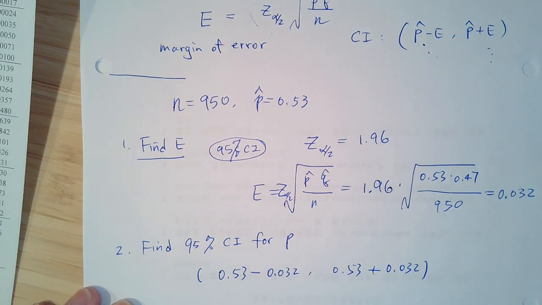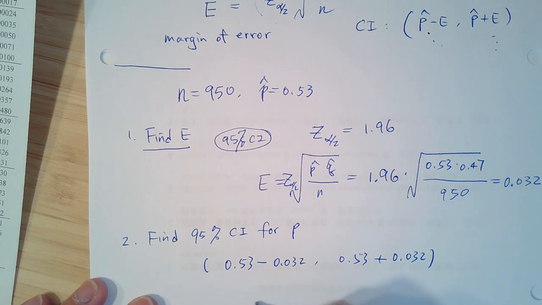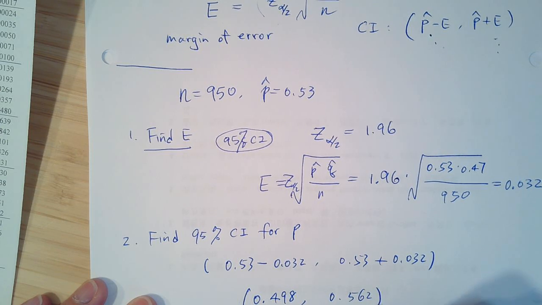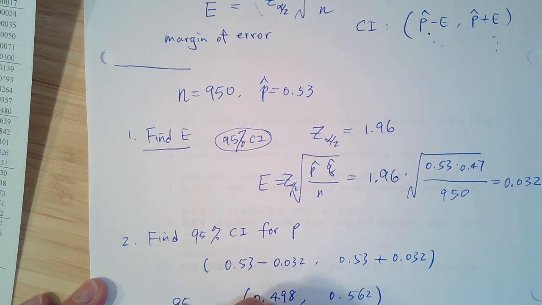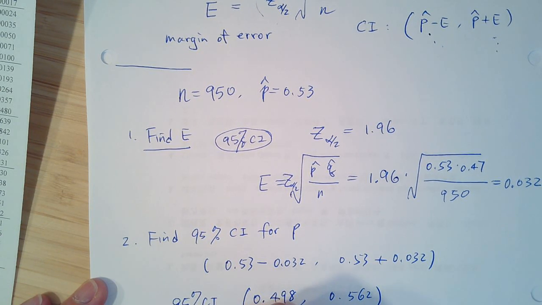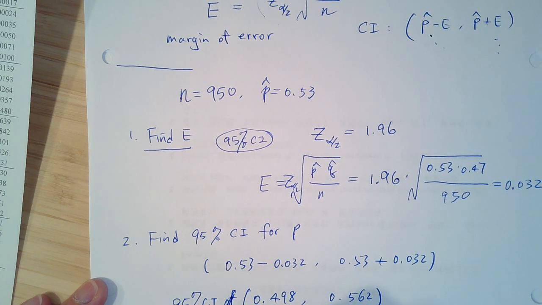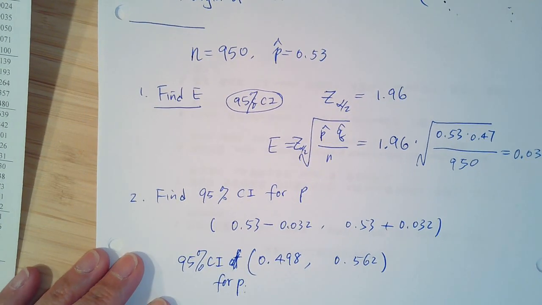Okay, so that would be 0.498 to 0.562. That's the 95% confidence interval for P.